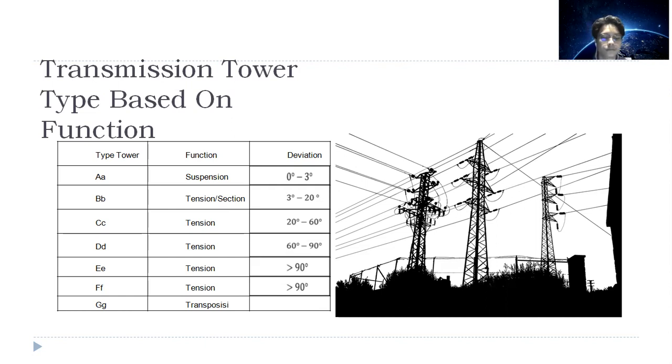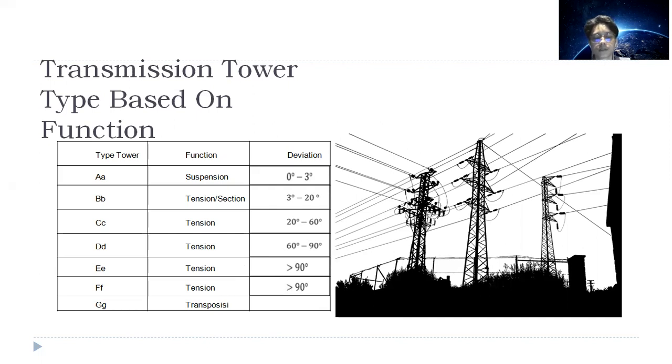The third type is type CC, DD, EE, FF. This functions as a tension tower with a deviation angle of 20 degrees to less than 90 degrees.